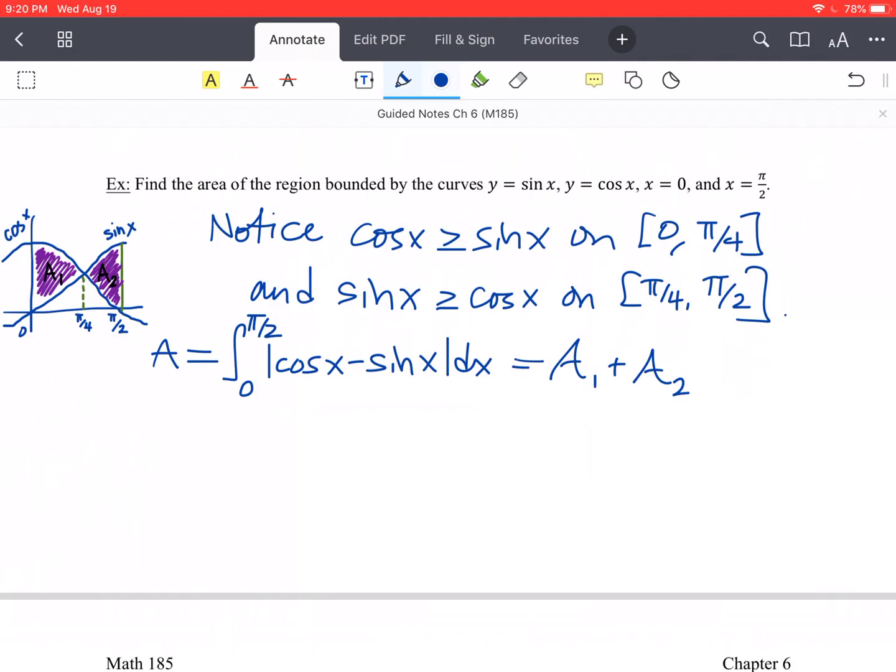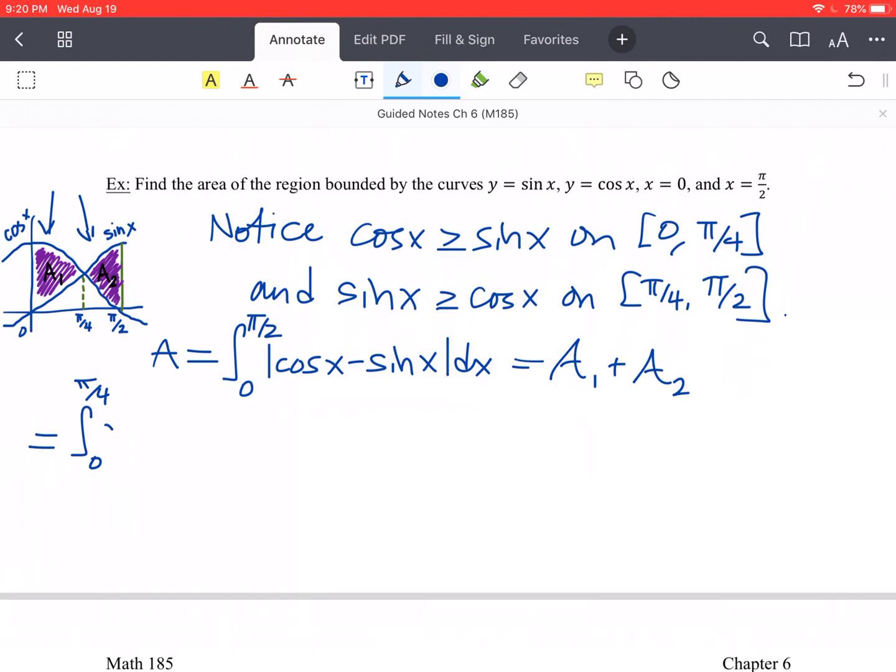Okay, so the absolute value is basically forcing us to split this up into two integrals. One where cosine is on top, and one where sine is on top. And then we just add those values up. Okay, so let's set these up. The first one is only going from 0 to pi over 4.